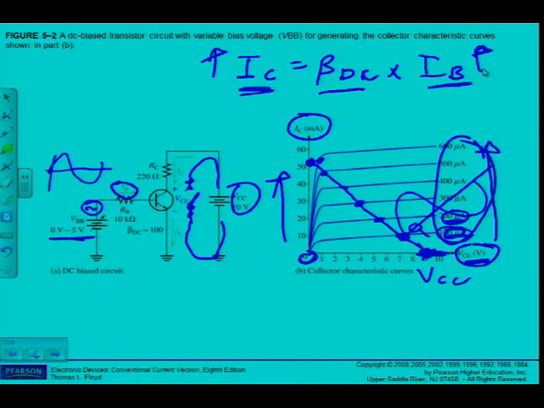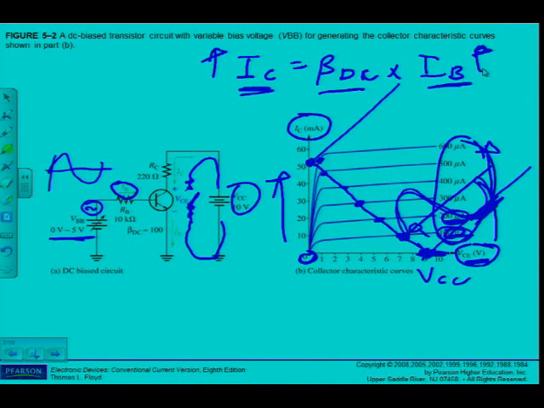But what's going to happen here if it's too close to cutoff? Remember, it has to operate in between the cutoff and saturation point. If it's too close to cutoff, especially if the signal is a bit large, you can see that it goes into cutoff because it's too close to cutoff for the size of signal that I want to amplify. That's why you can see that portion of the signal is cut off.